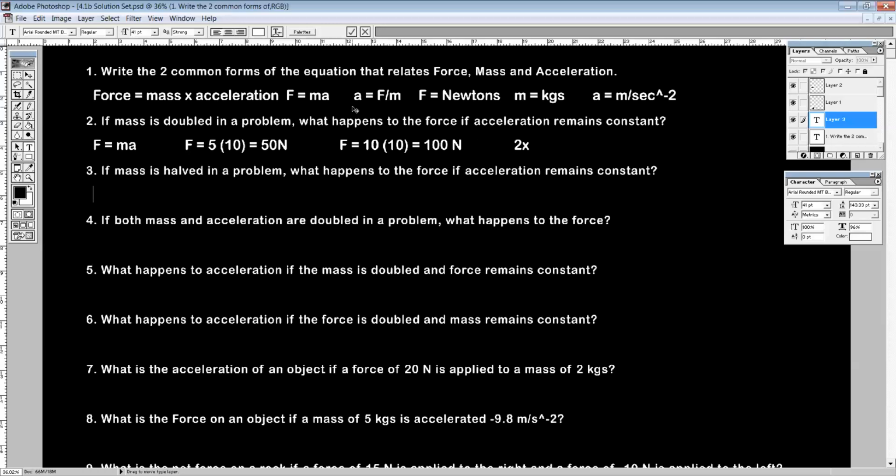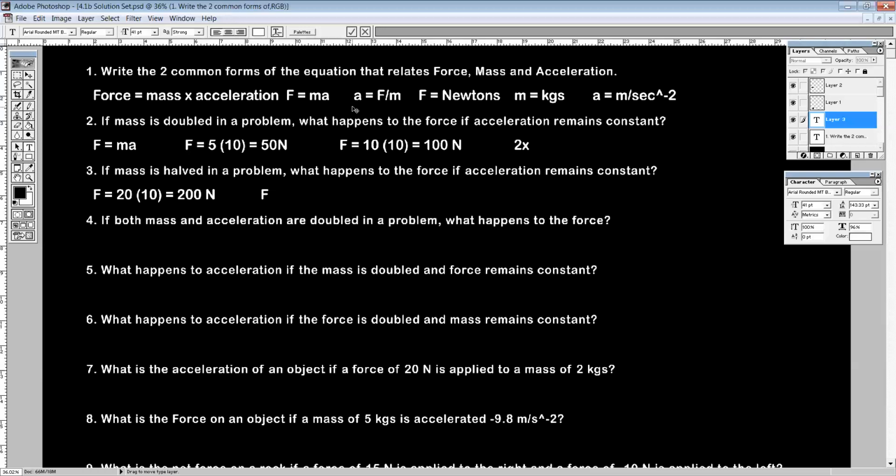All right, if the mass is halved in a problem, what happens to the force with acceleration remaining constant? Let's set up force is equal to, let's go with 20 kilograms times 10 meters per second squared. And so we have an initial result of 200 newtons. All right, now we're going to halve the mass.